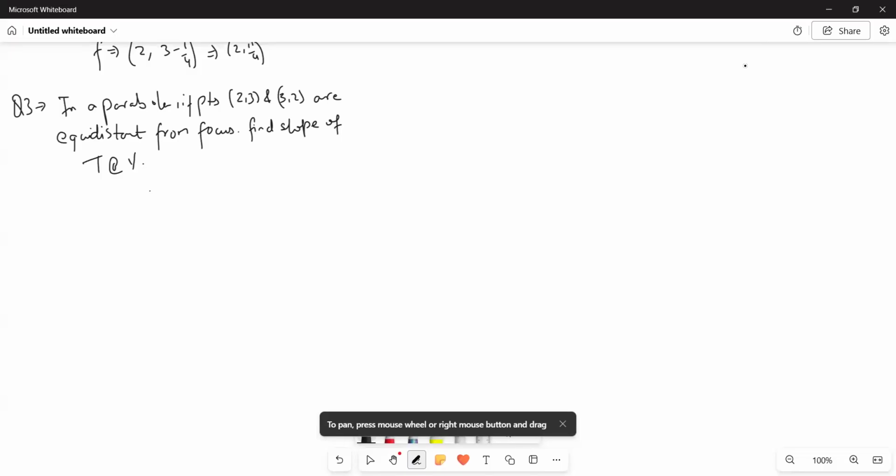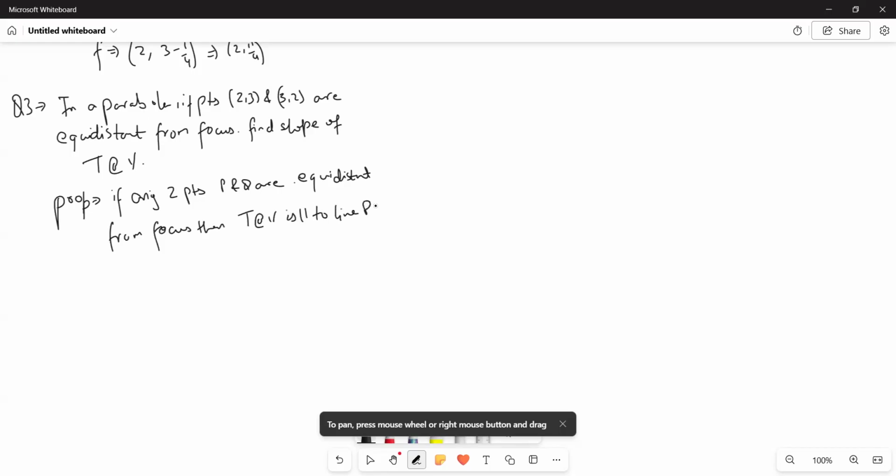Okay. So this question is based on a very simple property. The property is: if any two points P and Q are equidistant from the focus, then the tangent at the vertex is parallel to the line PQ.